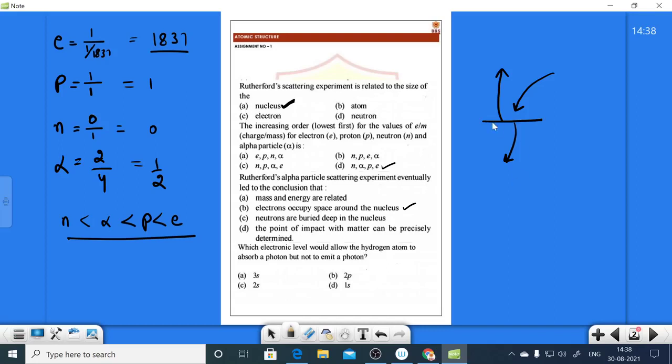That means the electron at present is located on the lowest quantized energy level. So I think 1s will be the option. And why is it so? Because the electron can go above this level by absorbing a photon but cannot go below this because this is the lowest level. So option number D will be the right option.